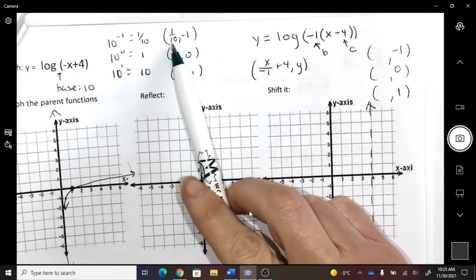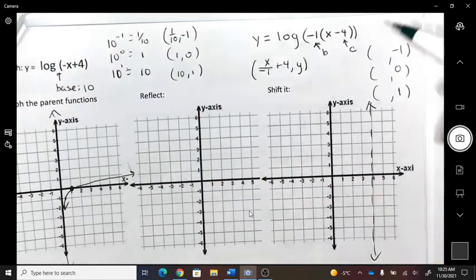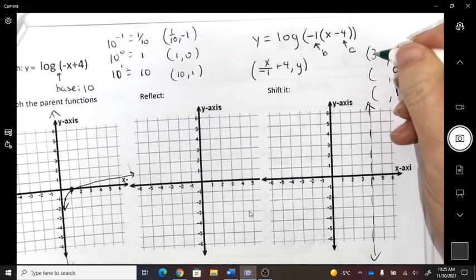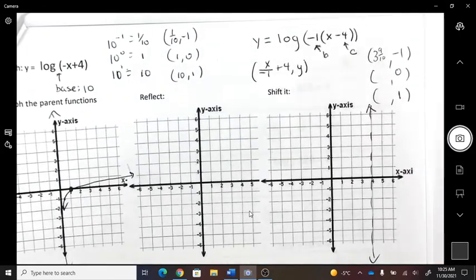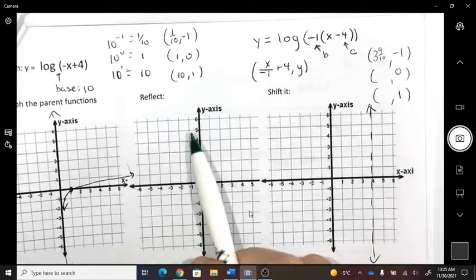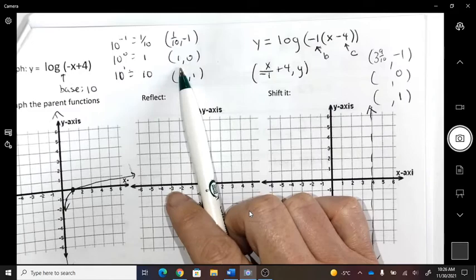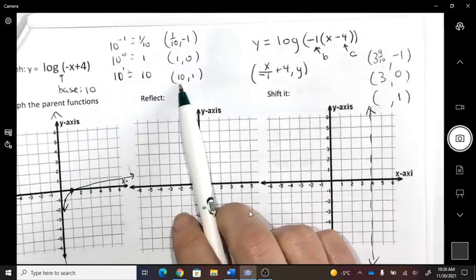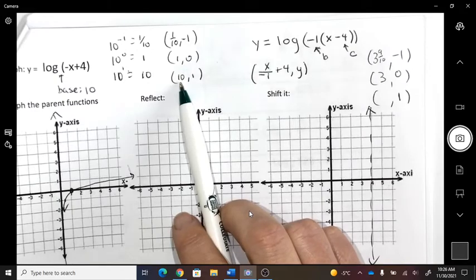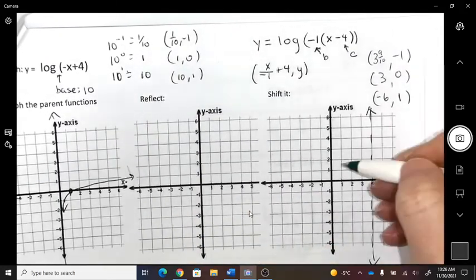Okay, ready? -1/10 plus 4 should be 3 9/10. -1 plus 4 is 3. -10 plus 4 is -6.